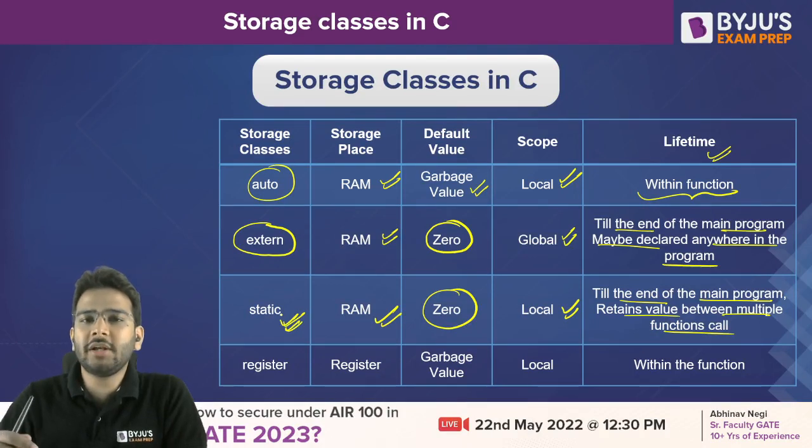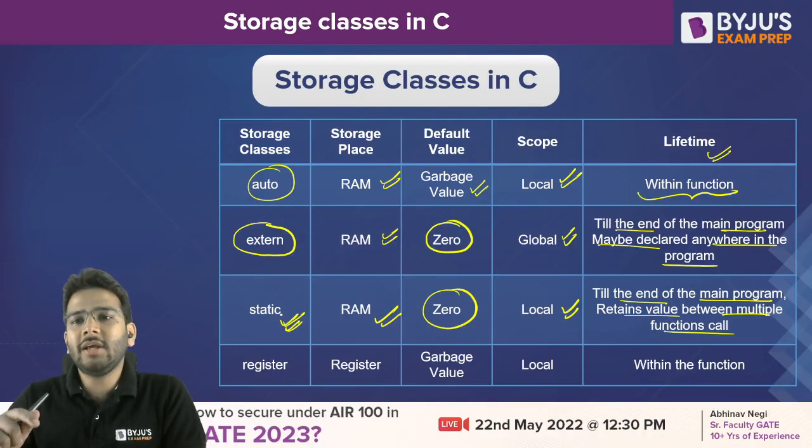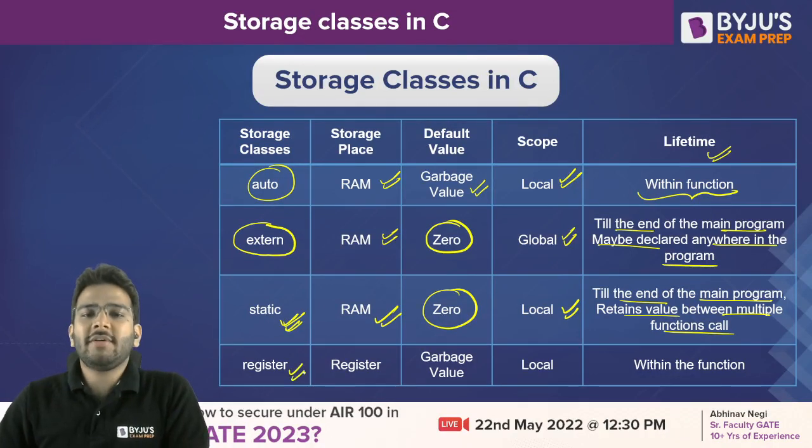So once we initialize it with 10, we can just increment or decrement the value, right? We cannot initialize it again. So if I want the value of a variable to be initialized once, then we use this static storage class. Okay, and then the last one we have is register.